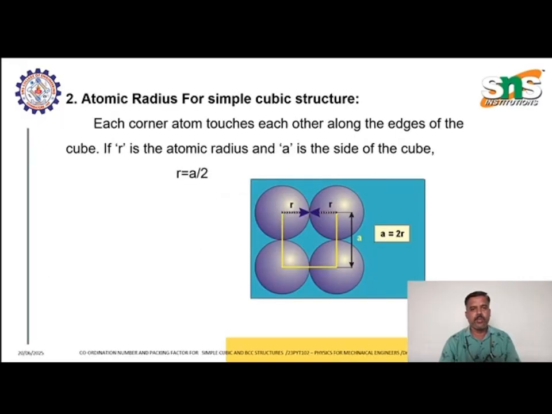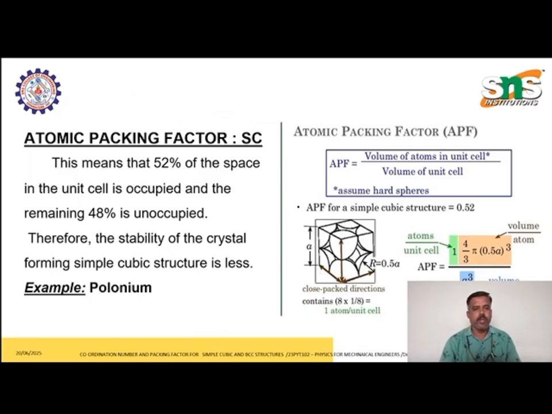The atomic radius for the simple cubic structure is r equal to a by 2. Then we calculate the APF, and the details are mentioned on the right side. The APF formula is the volume of atoms in the unit cell divided by the volume of the unit cell. The atom is spherical, so we use the volume of a sphere, 4 by 3 pi r cubed. We already know the atomic radius, so we substitute the data and get the final answer of APF.